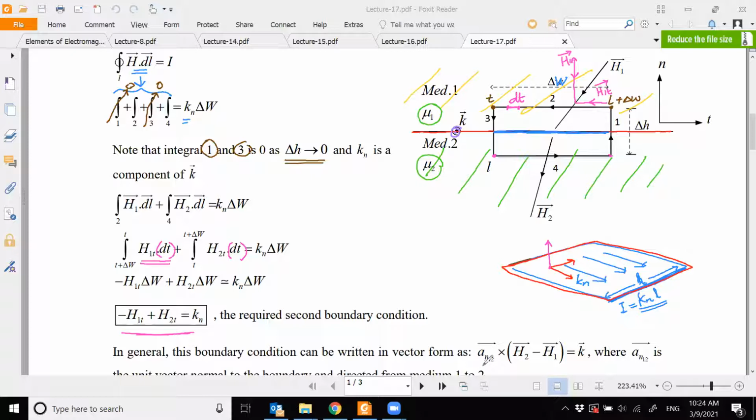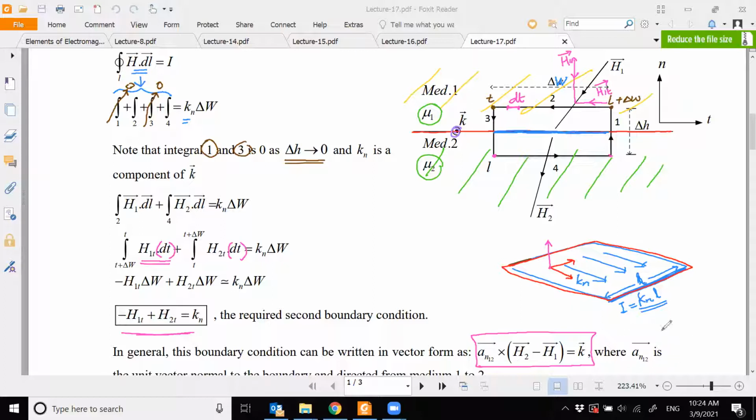So the generalized form is this one, which is AN12 bar cross product with H2 bar minus H1 bar is equal to the surface current K. And here again, the AN12 definition is the same as in electrostatics.